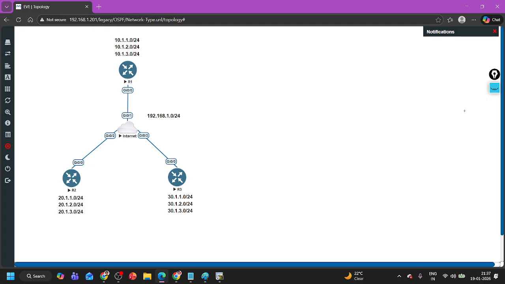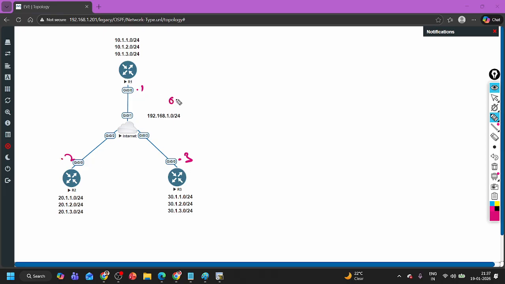Router 2 and router 3 cannot communicate. Let's suppose here my IP addresses are 192.168.1.1, .2 and .3. So .2 and .3 cannot communicate, but .2 and .3 can communicate with .1.